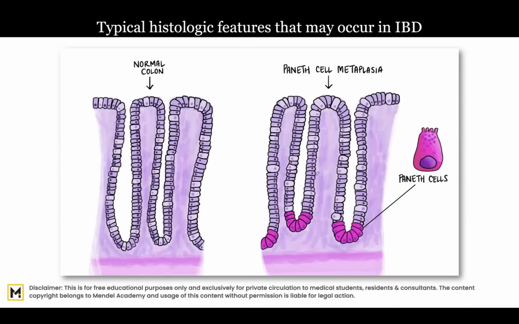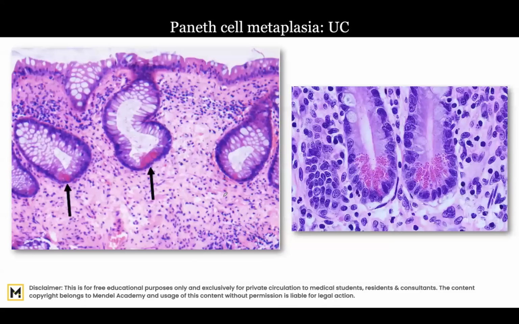But if you see them in the large intestine, especially after the splenic flexure, then it indicates ulcerative colitis in its chronic phase. So it indicates chronicity. And these are very dramatic cells which can be identified very easily. See, look at these Paneth cells, these pink cells. Look at these Paneth cells.